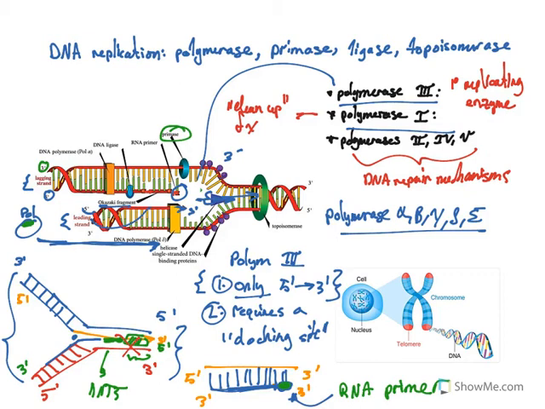Well, the body actually accounts for this with structures called telomeres at the end of the chromosomes. And telomeres are essentially just non-coding repeats of C's and G's. And they don't actually code for anything. So with each successive replication, we can lose these non-coding nucleotides and nothing will be affected.